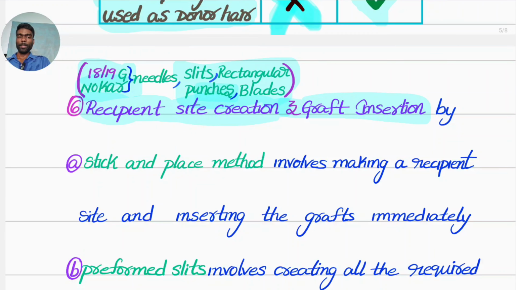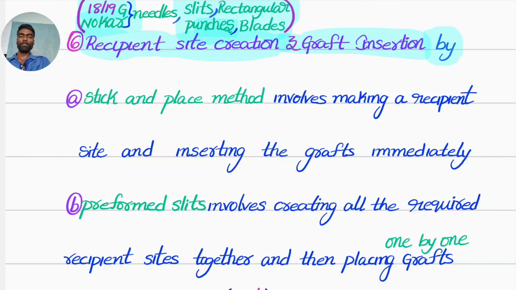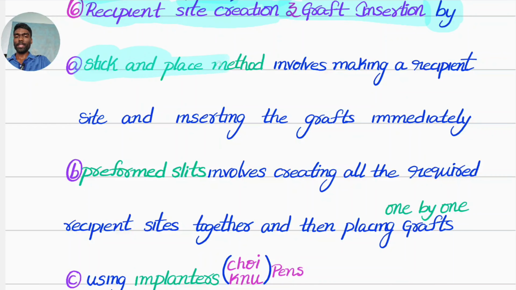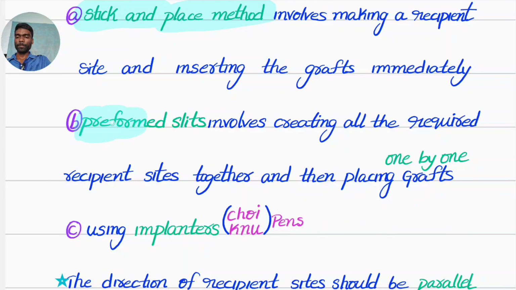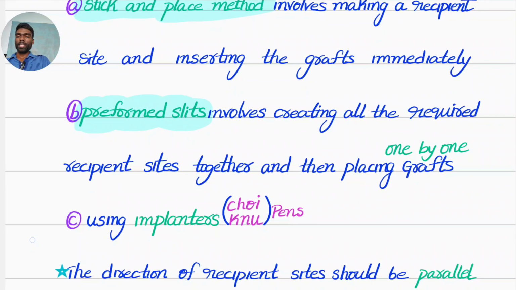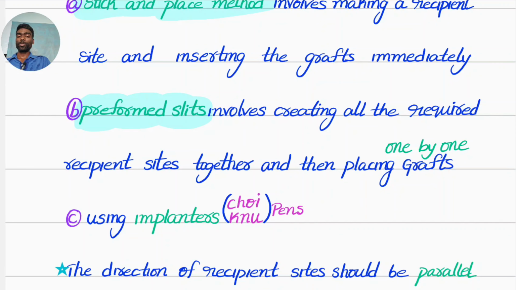After creating recipient sites, graft insertion can be done by two methods. The stick and place method involves making a recipient site and then inserting the graft immediately into that recipient site, whereas preformed slits involves creating all the required recipient sites together and then placing grafts one by one, which means if we have 4,000 to 5,000 grafts, we will create 4,000 to 5,000 recipient site slits at a time together.